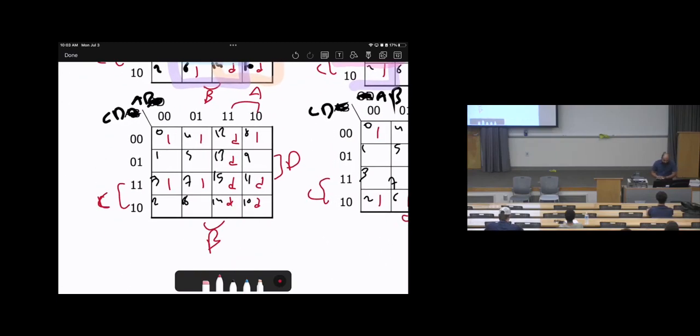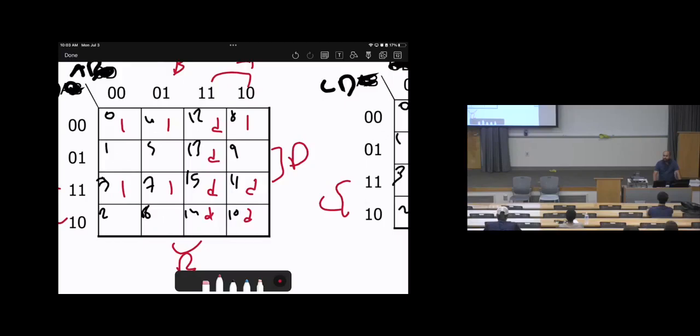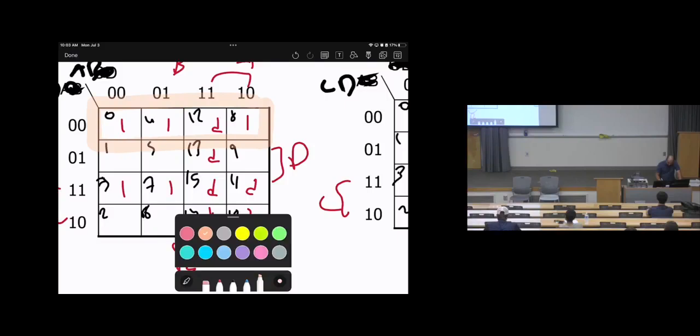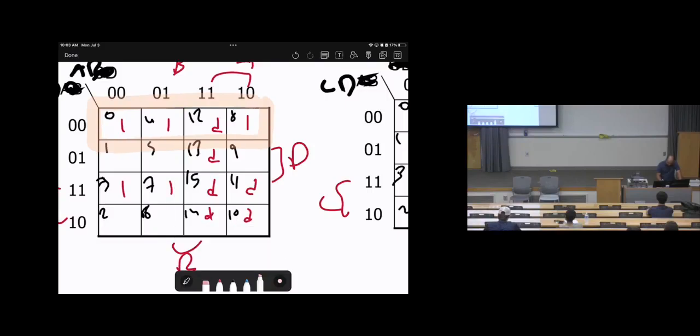Variable Y, let's see how many possibilities we can achieve. Can we make it 8? No. Make it 4? Yes, we can. So we have this 4, and we have this 4. Then that's it.